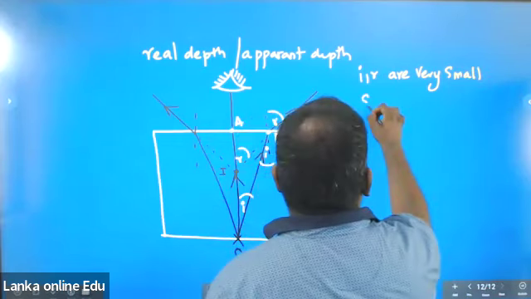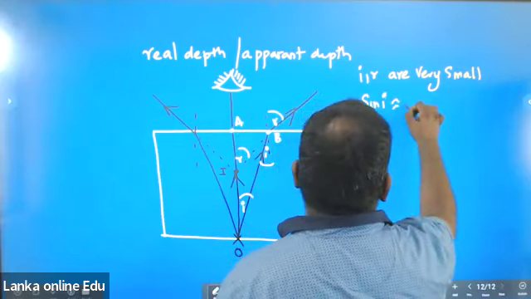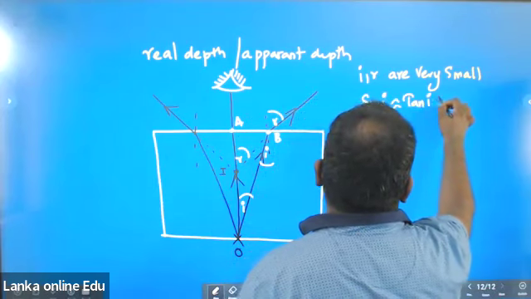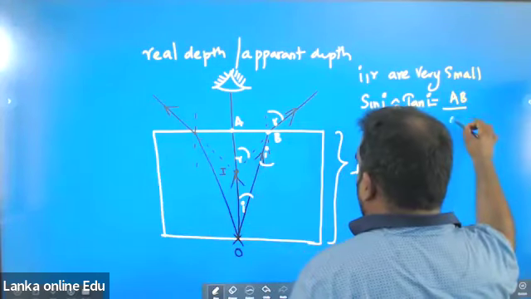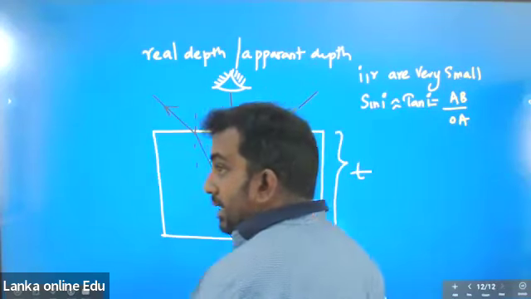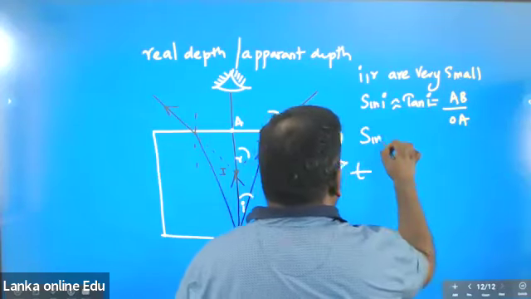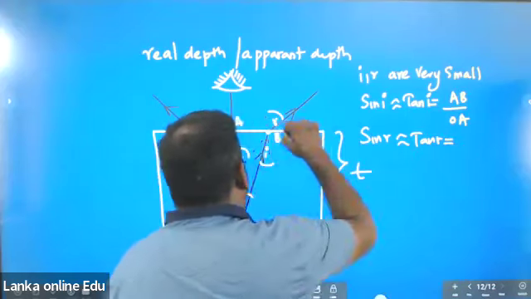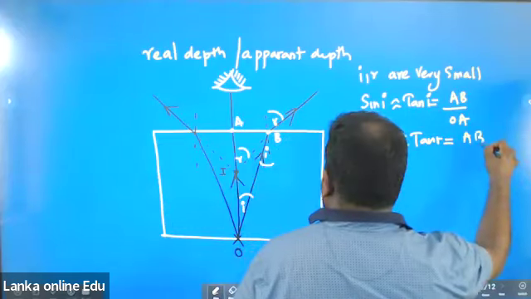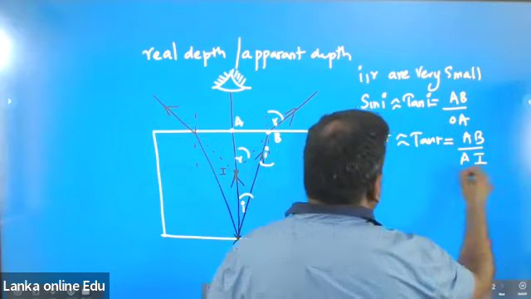If they are very small, sin I is approximately tan I. Tan I is opposite over adjacent, AB divided by OA. Also, sin R is approximately tan R. Tan R is AB divided by AI.